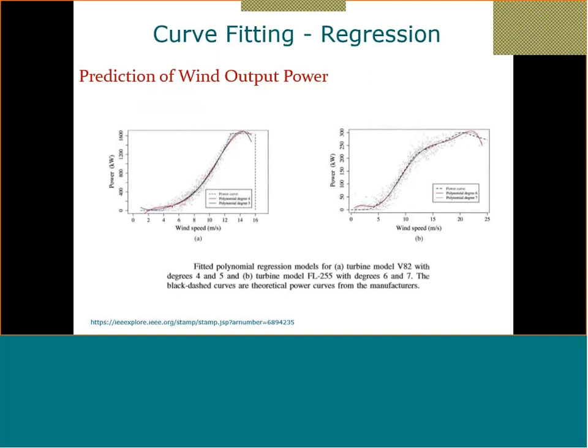Okay, so for example, here I have these scattered points, which are actual points coming from measurement. Then I'm using a fourth order polynomial, a fifth order polynomial, sixth, seventh order polynomial to best fit these points, so that if I want to schedule or to know the power after 10, 20 minutes from now on, I have a function that can be used to predict this.